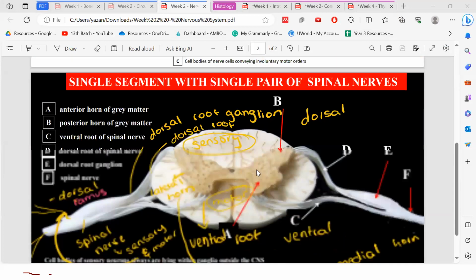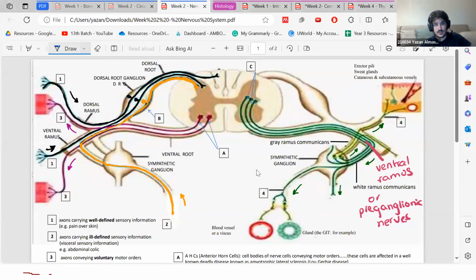Okay, so wait, again, this is dorsal. This is ventral. This is the root. Both of these are roots, and since this one is ventral, it's called the ventral root, and this is the dorsal root. Fine.